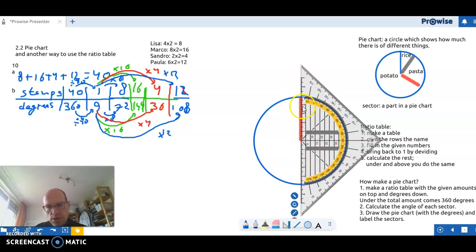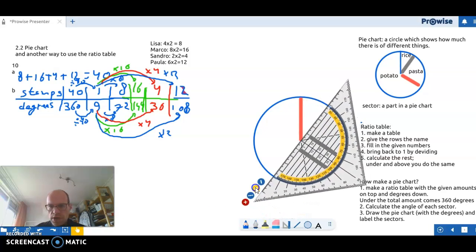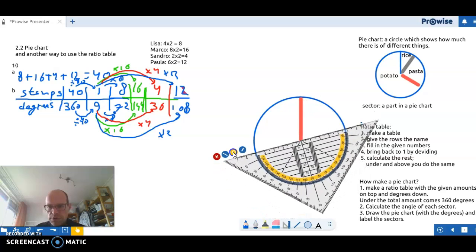Over here you can see this is 0, and then 10, 20 and so on, and we need to continue to 72, and 72, as you can see, is over here.